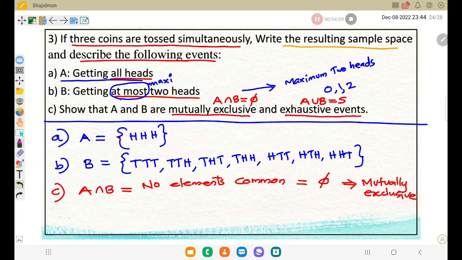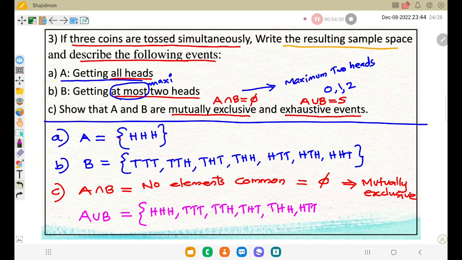Now what is the next part? Exhaustive or not? We calculate A union B. What is the A union B? All the elements, correct? What are the elements? First HHH, then we can write TTT, TTH, THT, and THH, and HTT, and HTH, and HHT, correct?